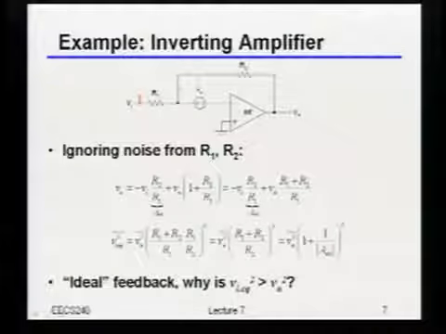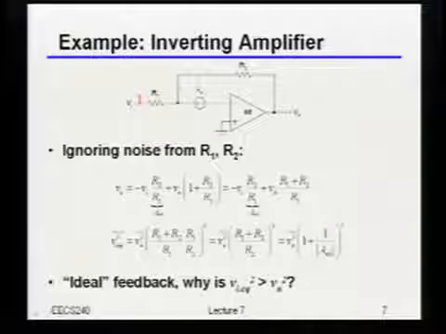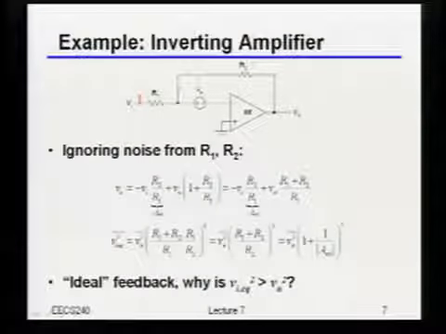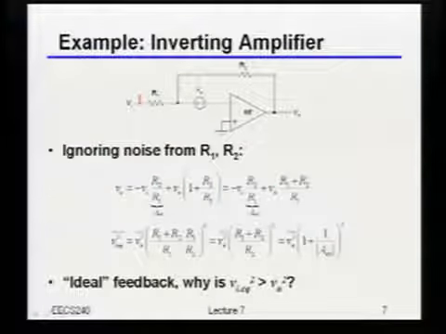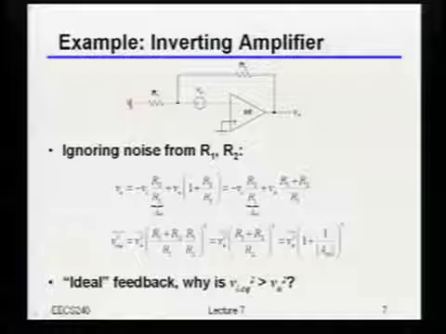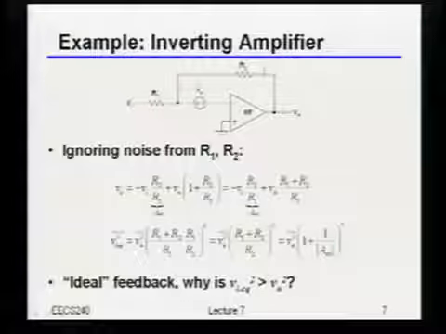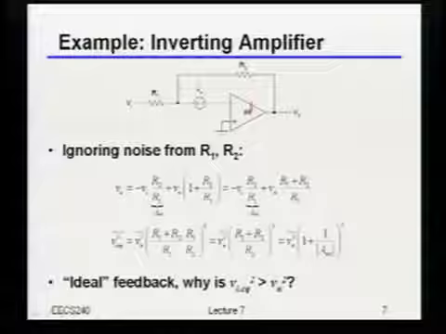And at this point, somebody should be like saying, what the hell are you talking about? You said in the beginning that if I gave you ideal feedback gain, then nothing should actually change. Well, we'll see what's going to happen. Okay? So let's just kind of walk through this really quickly. So from the standpoint of the input signal, right, again, I'm going to completely ignore any noise from R1 and R2, but I'm just going to have some noise from the op amp.